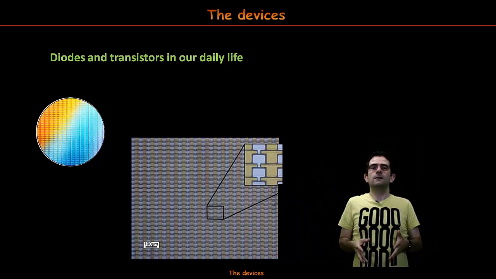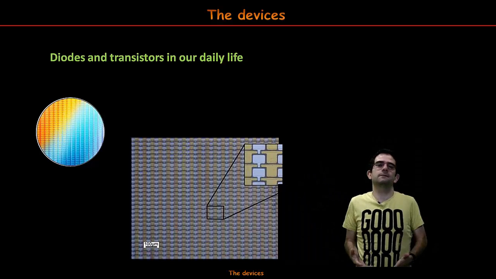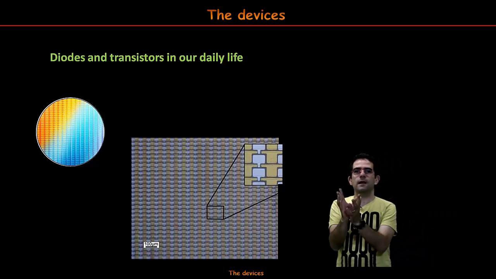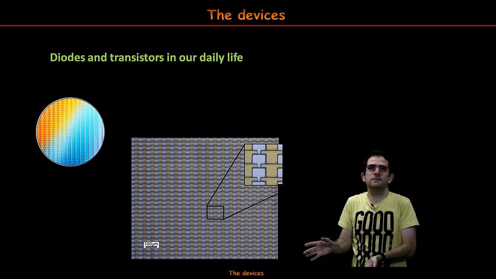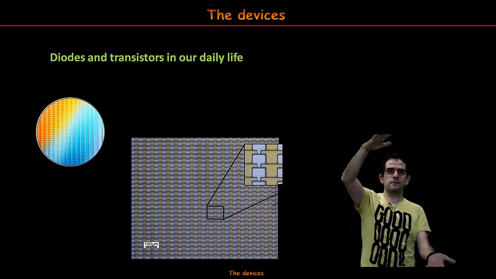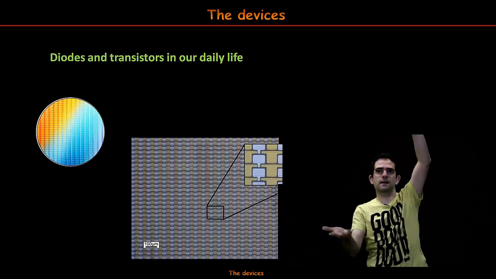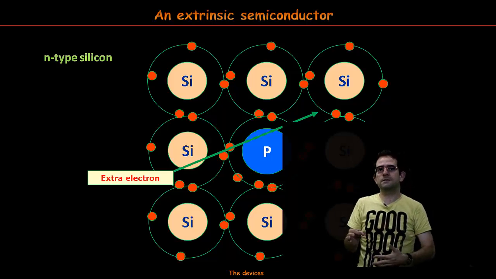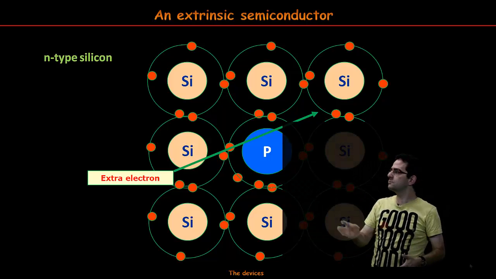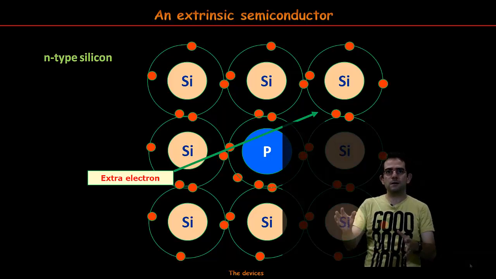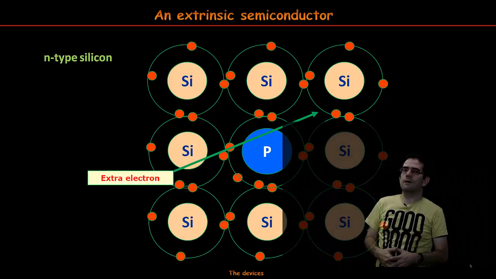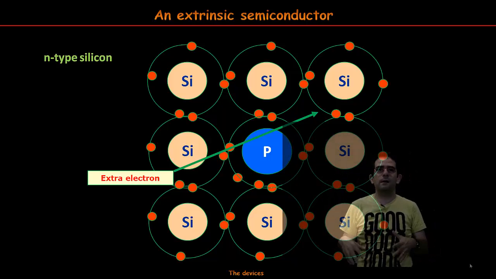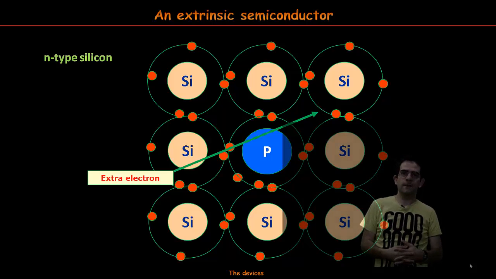In this subject, we will study the operation of these devices, and mainly we will focus on their use as amplifiers, devices that take a signal at their input and provide an amplified version of that signal at their output. As we know, there are two extrinsic semiconductor types. Let's remind the N-type. The structure is like this: silicon atoms in their covalent bonds, free electrons running along the material because no bond is available for them.